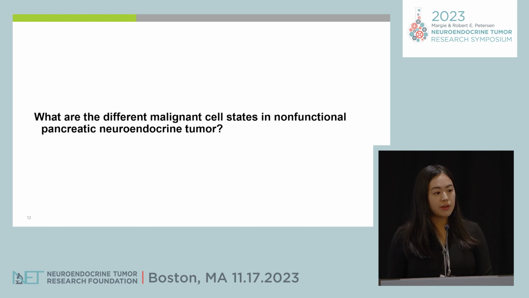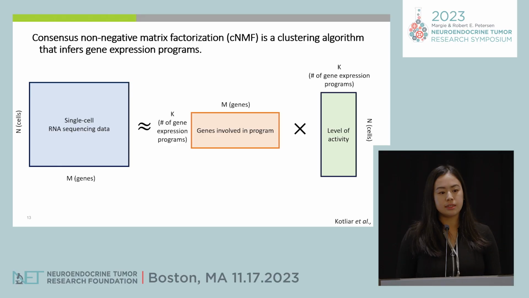So now that we've identified the malignant compartment, we wanted to understand what the different cell states of malignant neuroendocrine cells are. To do this, we use something called consensus non-negative matrix factorization. Essentially, it is an unsupervised clustering method to infer gene expression programs. It takes the matrix from single-cell RNA sequencing of cells and genes, and then decomposes that into 2 matrices.